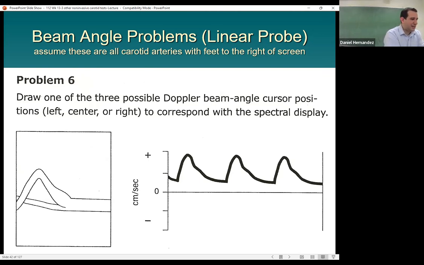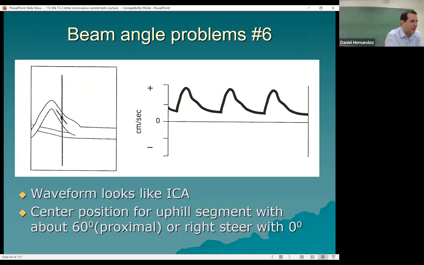So as you start scanning carotids, you'll get more and more in the habit of understanding where you can place your ultrasound beam properly to get the best angles or Doppler shifts. If I want to do a center position, I can Doppler that segment of the vessel.